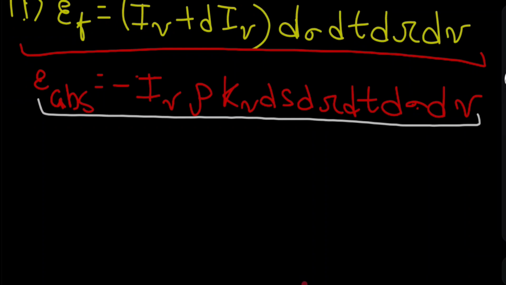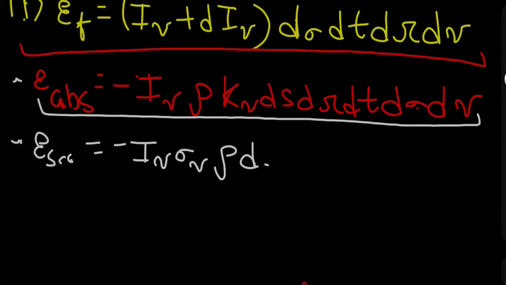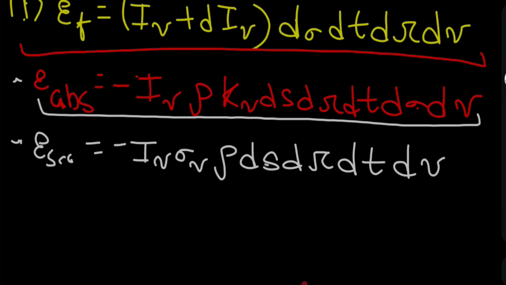Now the second equation. This is our first, then the second, which is the energy scattered. So the energy scattered is also minus I mu sigma mu rho ds d omega dt d mu. This sigma mu and this d sigma are different. Sigma mu is the scattering coefficient, and this d sigma is different and is related to the surface element.